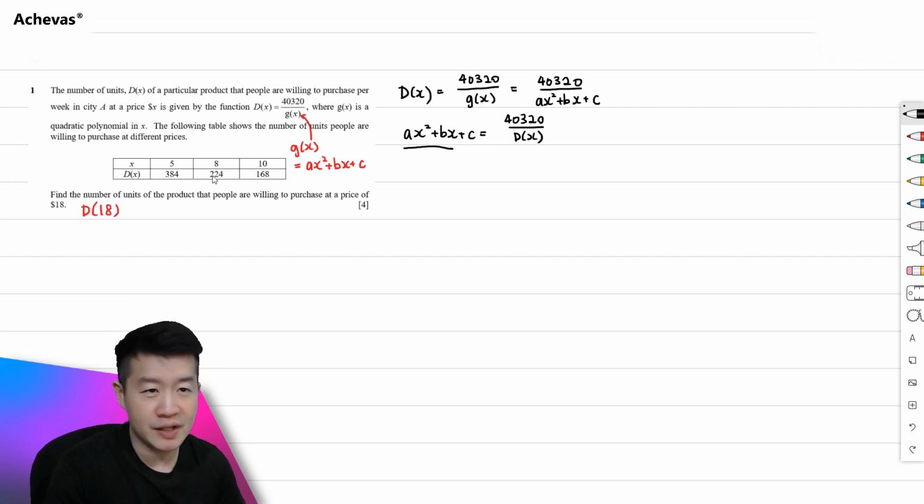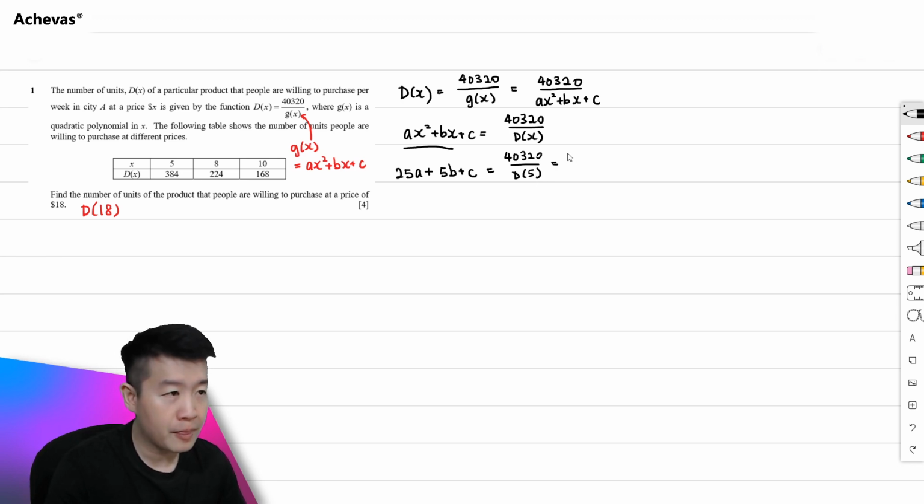So using the first piece of information here, when x is equal to 5, we have 25a plus 5b plus c, which is equal to 40320 divided by d(5), and this is given to us as 384.